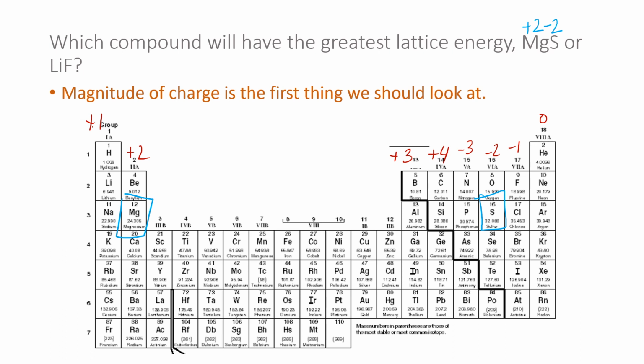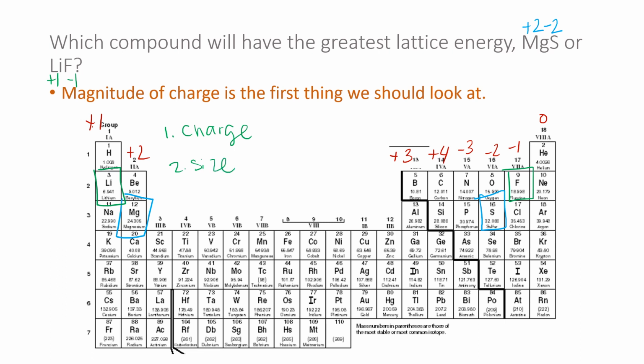Now we have to compare it with the charge of lithium fluoride. So lithium has a charge of +1, I'll put it here at the bottom, and fluorine has a charge of -1. Remember, the first thing we look at is the charge. The second thing would be the size.